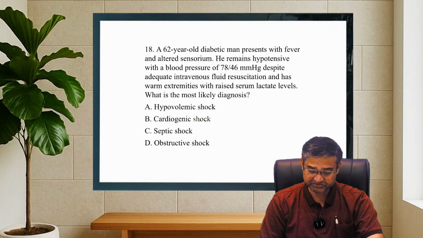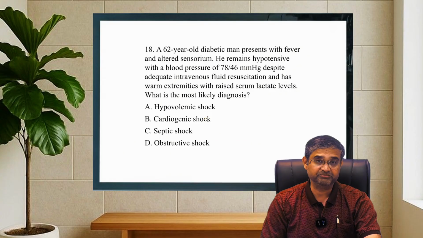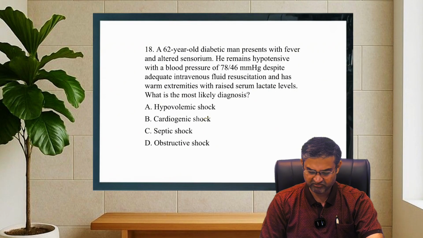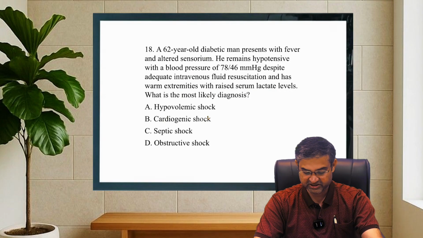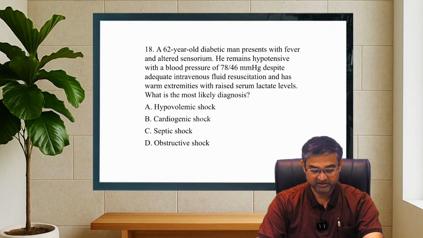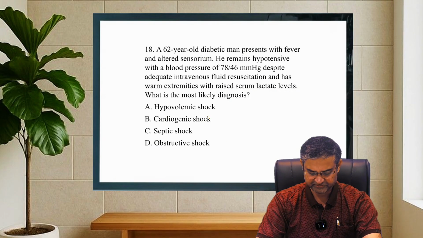Persistent hypotension despite adequate fluid resuscitation in a patient with infection is diagnostic of septic shock. The presence of warm extremities suggests peripheral vasodilation, which is typical of the early phase of septic shock. Raised serum lactate indicates hypoperfusion.